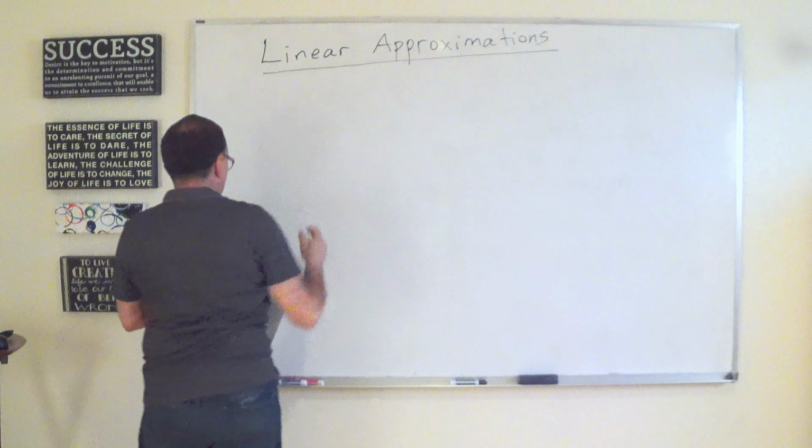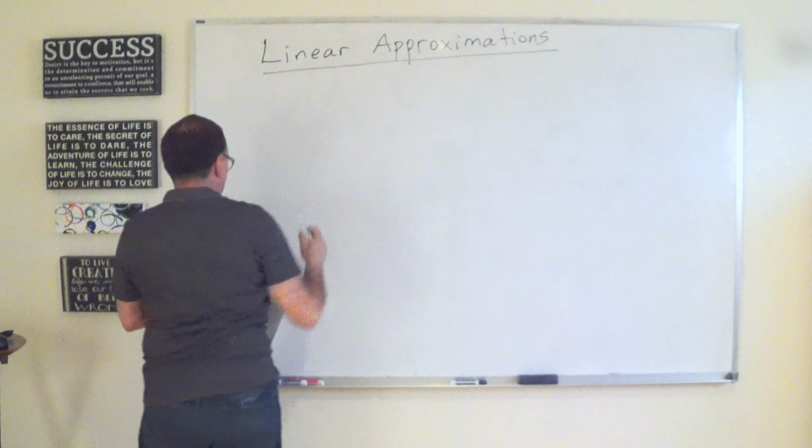Idea number 2 goes that the graph of a function is close to the tangent line to a graph. It's actually easy to see geometrically on the picture.